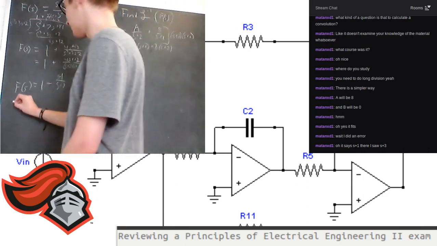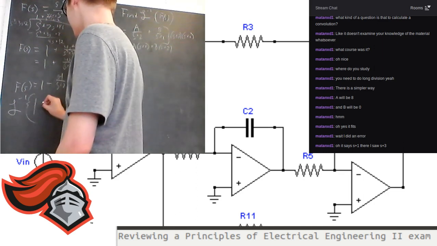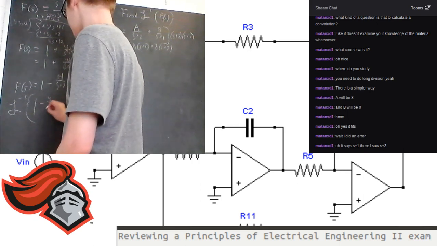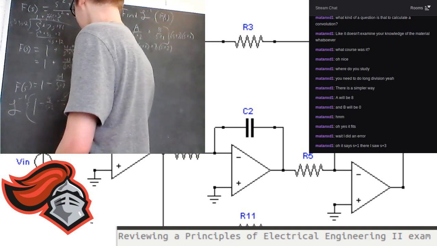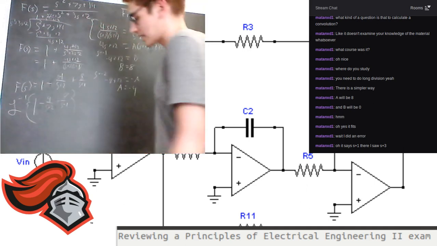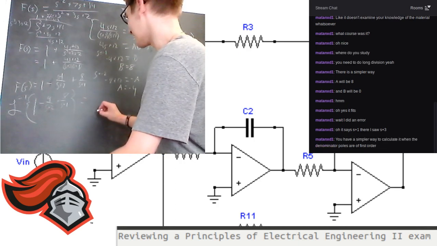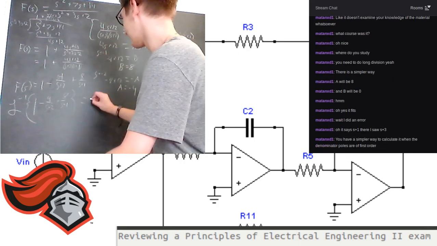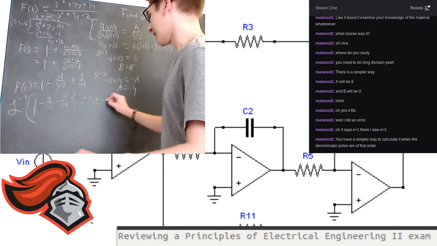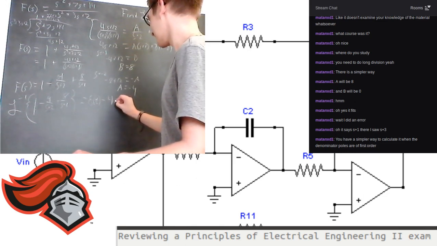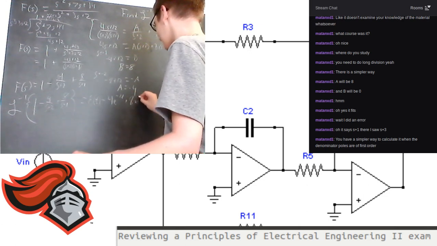But basically, we want the inverse Laplace transform of 1 minus 4 over s plus 2 plus 8 over s plus 1, which happens to be the delta function, interestingly enough, minus 4e to the negative 2t plus 8e to the negative t.